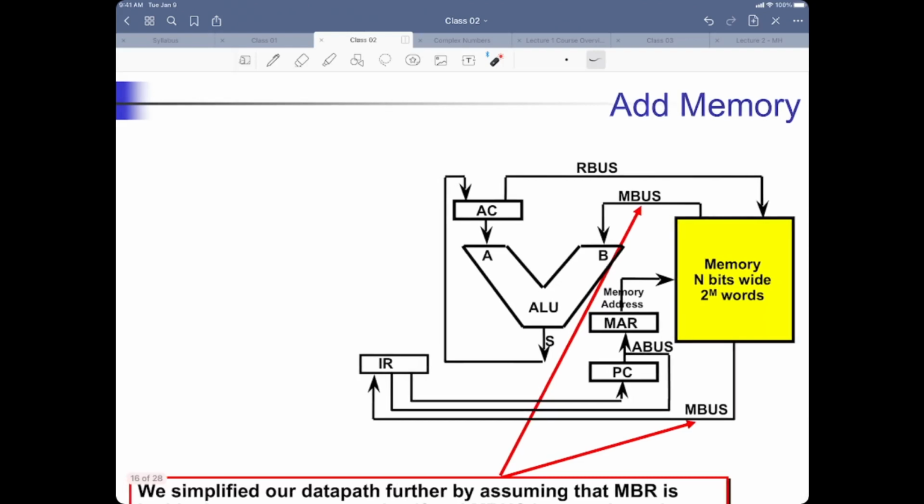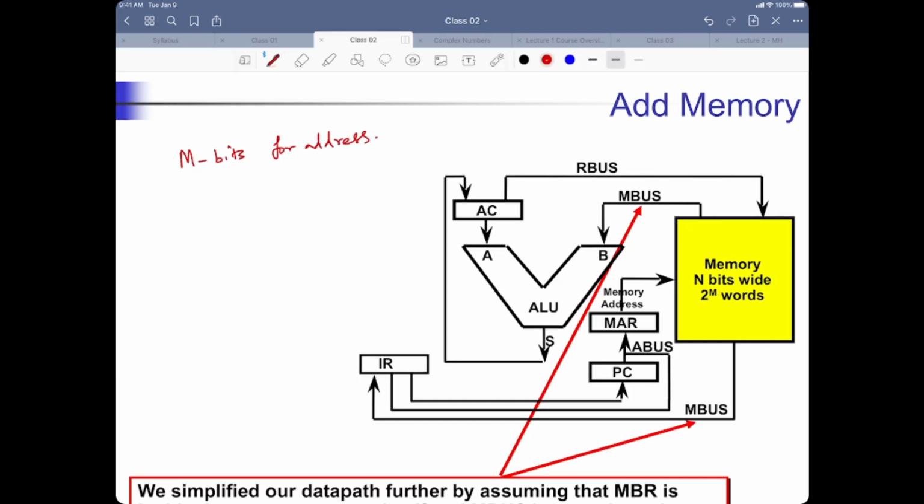Memory is n bits wide, and we are saying 2 raised to m words. Do you guys agree with that? Memory is n bits wide, and there are 2 raised to m such words. See, the address has m bits.